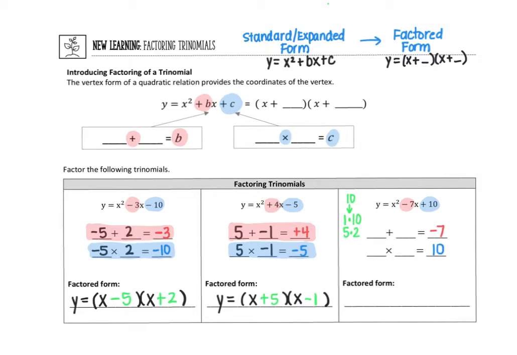If we make both factors negative, we'll have -5 plus -2, which gives us -7. And because of our integer rules, we know that -5 multiplied by -2 gives us +10. So our factored form for our last trinomial will be y equals, and then in brackets, x minus 5, and in our second set of brackets, x minus 2.